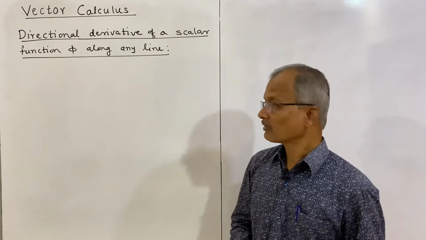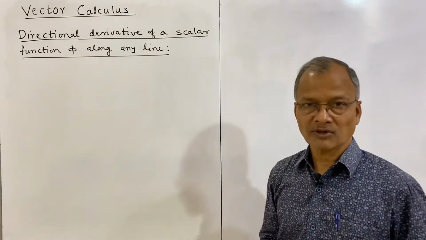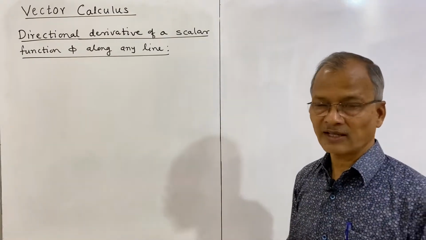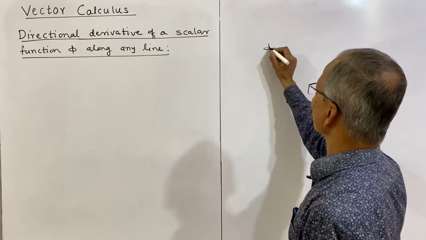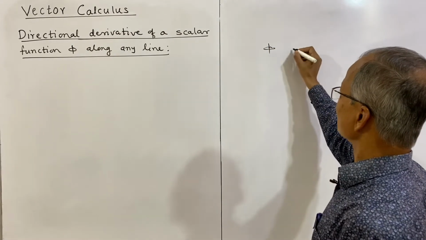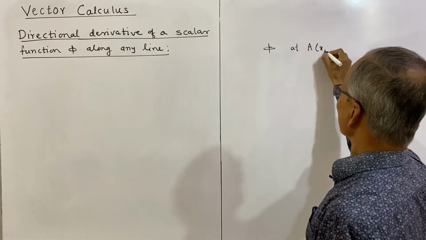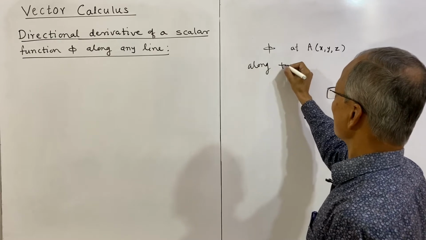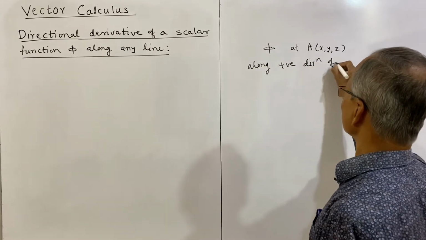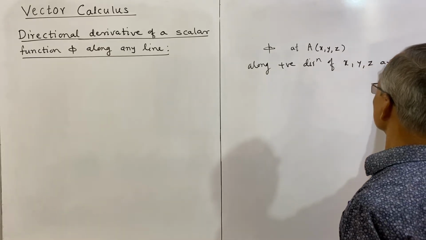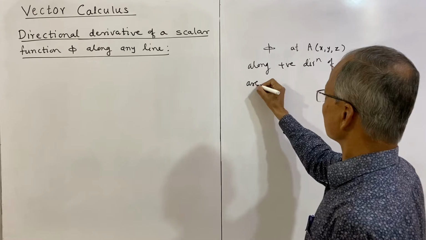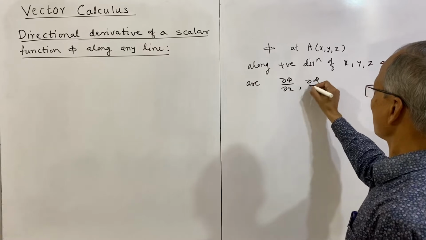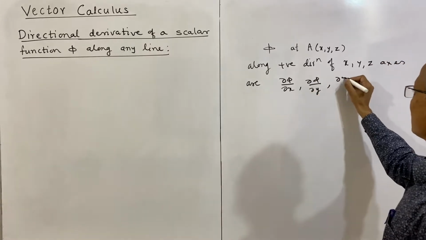We are studying differential operators, and in that we are studying the directional derivative of a scalar point function and a vector point function. In our last lecture we studied directional derivatives of a scalar point function along the positive direction of the x, y, z axes. If phi is a scalar point function, then the directional derivatives of phi at point A along the positive directions of the coordinate axes are respectively dou phi by dou x, dou phi by dou y and dou phi by dou z.